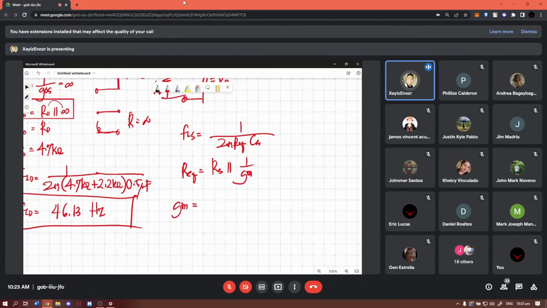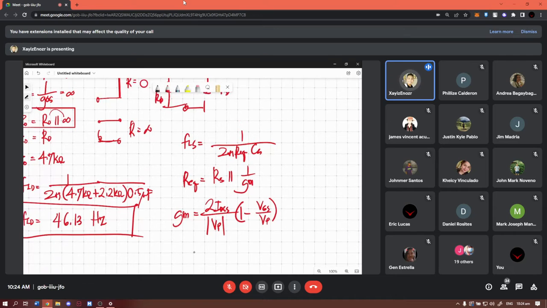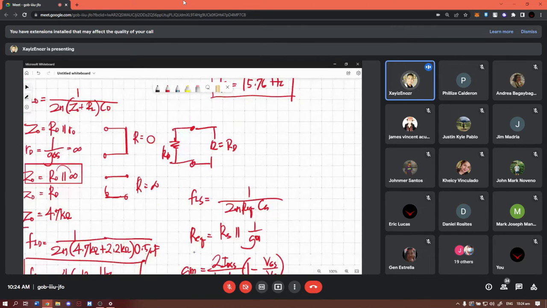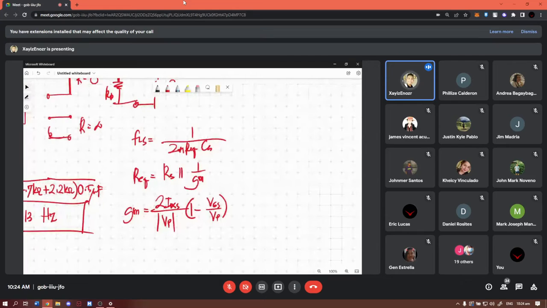Our GM is equal to 2 IDSS over absolute value ng VP multiplied by 1 minus VGS over VP. Okay, so given naman si IDSS, then given si VP, so let's determine VGS.